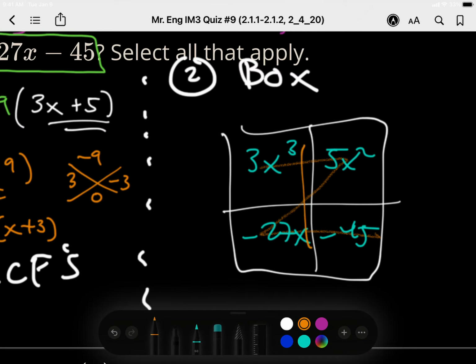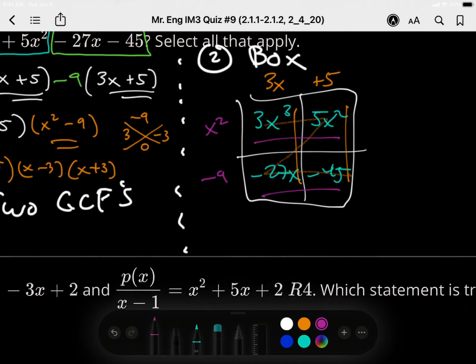And I take the greatest common factor going this direction. I believe it is a 3x. GCF going in this direction, let's do a positive 5. GCF going in this direction would be an x squared, and in this direction it would be a minus 9.